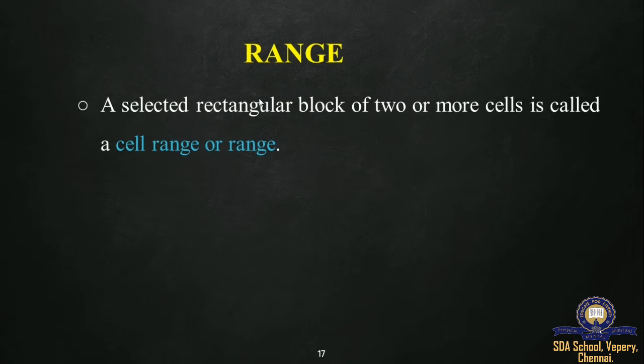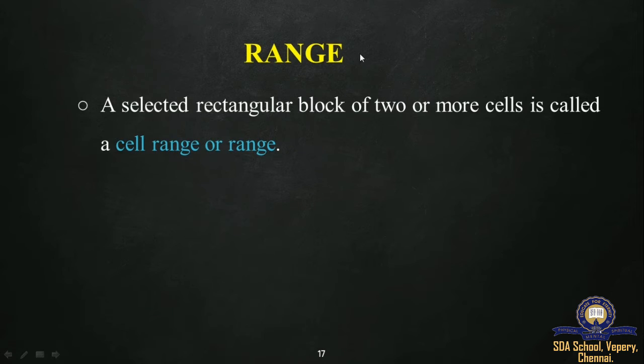In this Excel worksheet, we have a number of rows and columns. If you want to select a particular area in those rows and columns, we call it a range. A selected rectangular block of two or more cells is called a cell range or range.